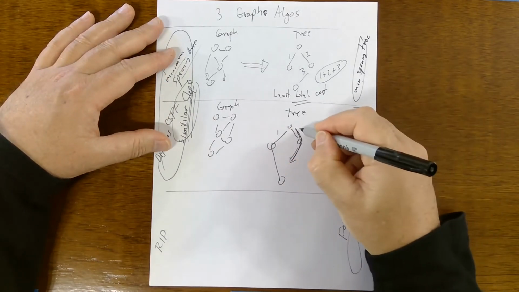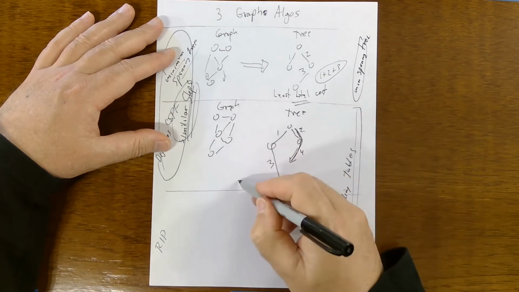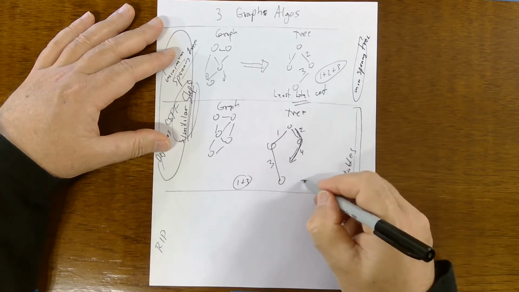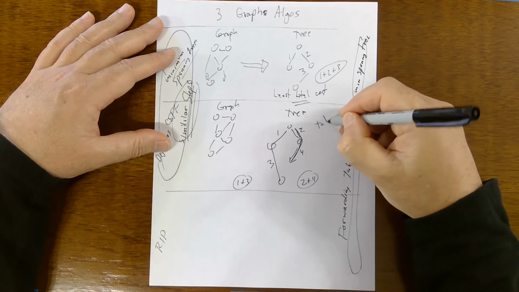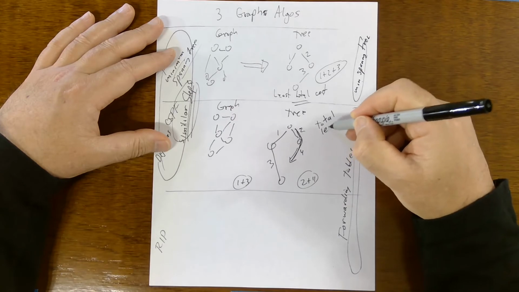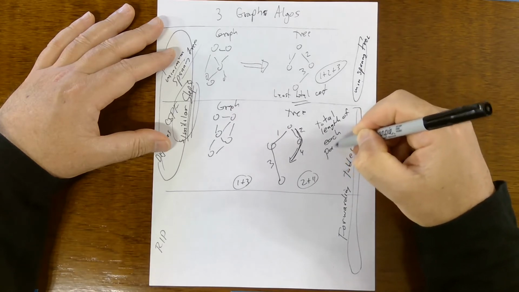So 1, 2, 3, 4. You're concerned with 1 plus 3 is one thing, and then 2 plus 4. Like you're concerned with the total length of each path.